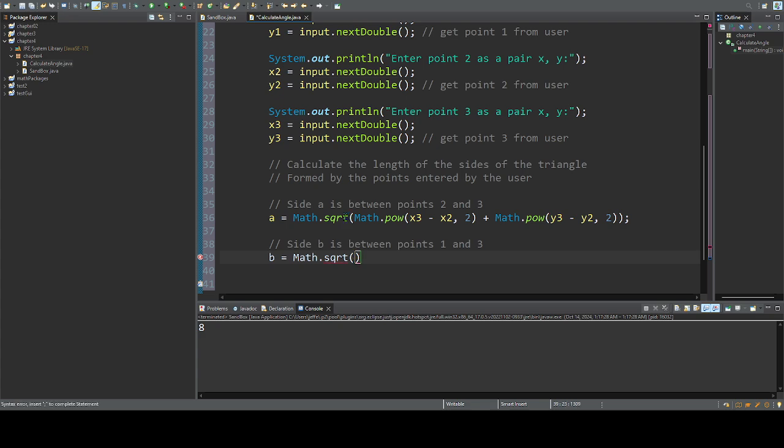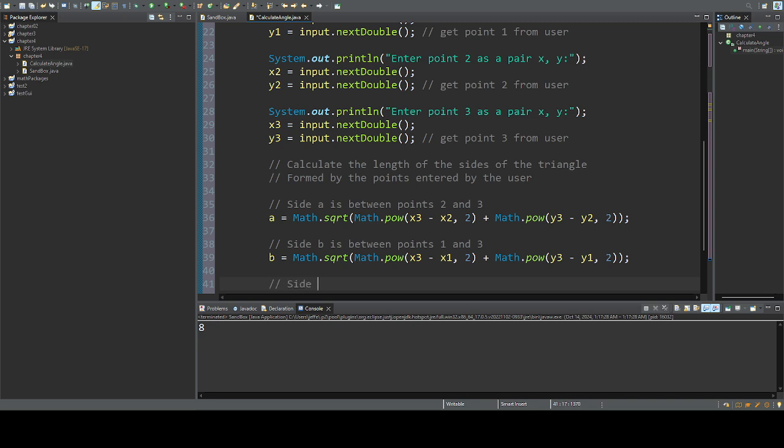And again, we're going to add the powers of x3 minus x1 squared plus math.pow y3 minus y1 squared. So again, we're using the distance equation to find the distance between points 2 and 3 to make side A. We look at the distance between points 1 and 3 to make side B.